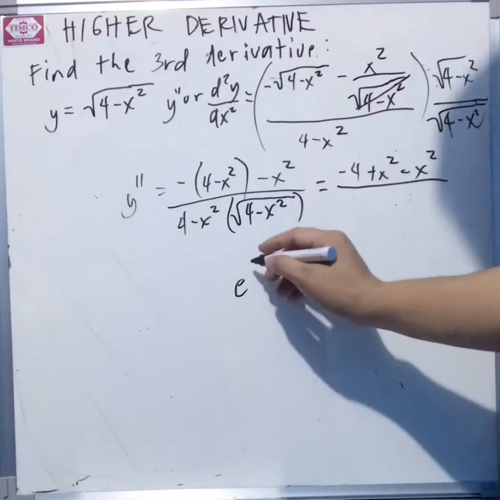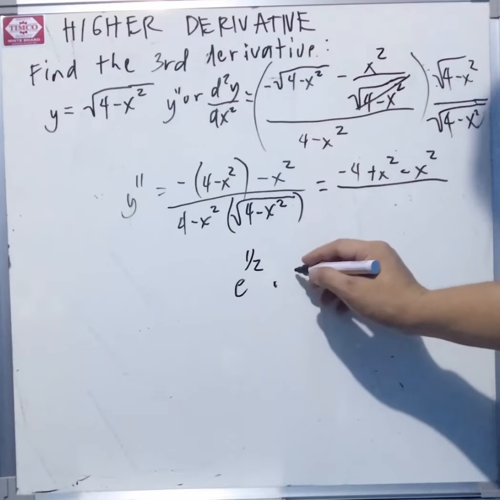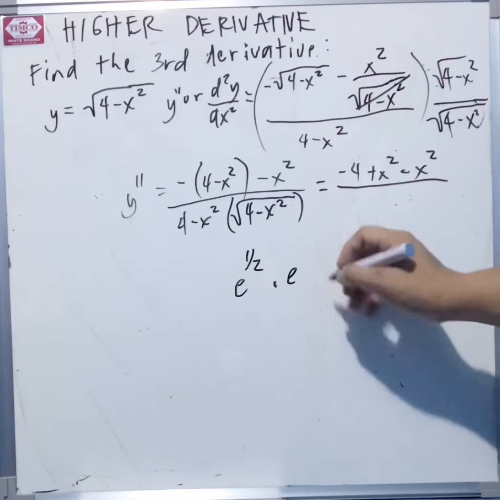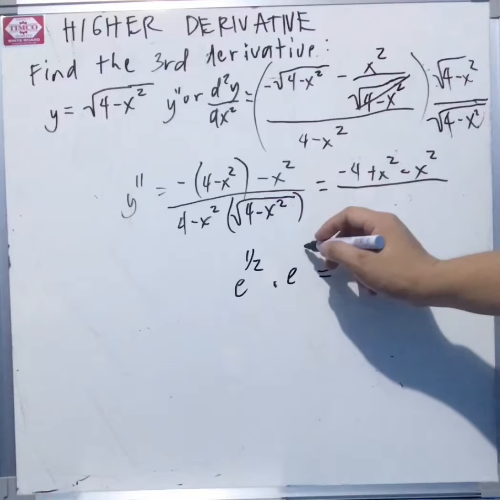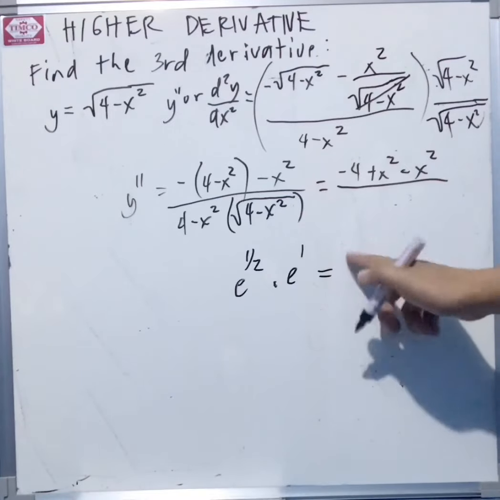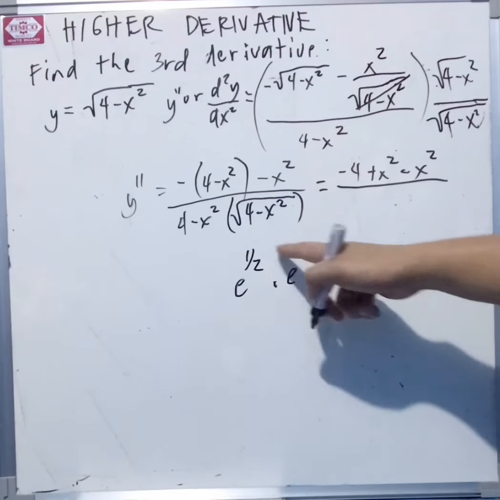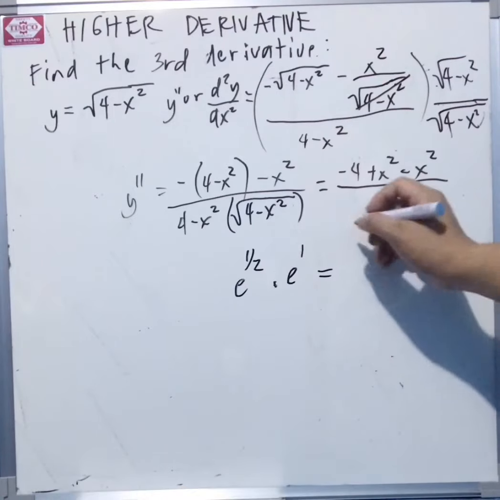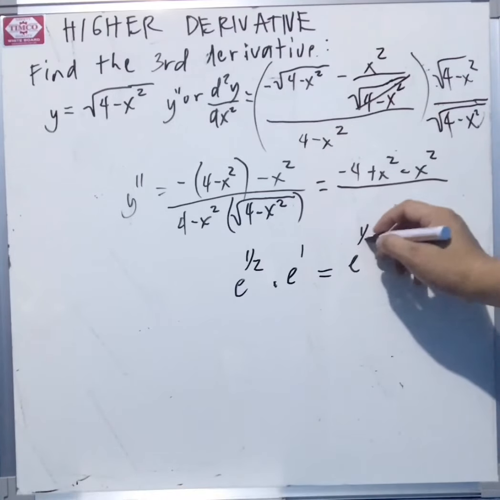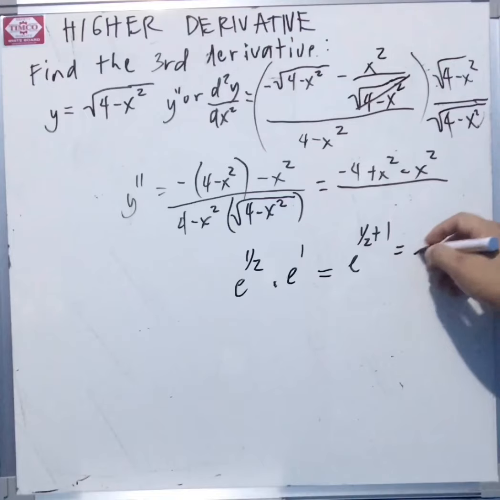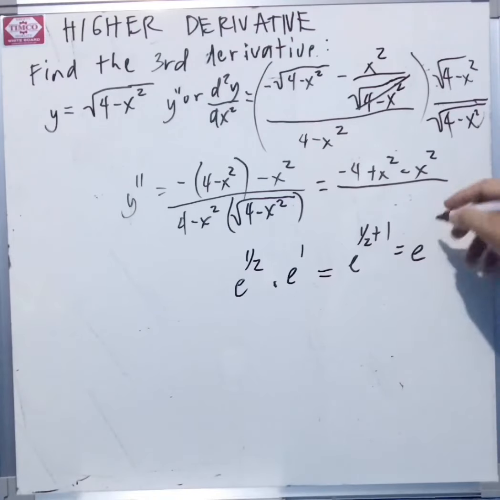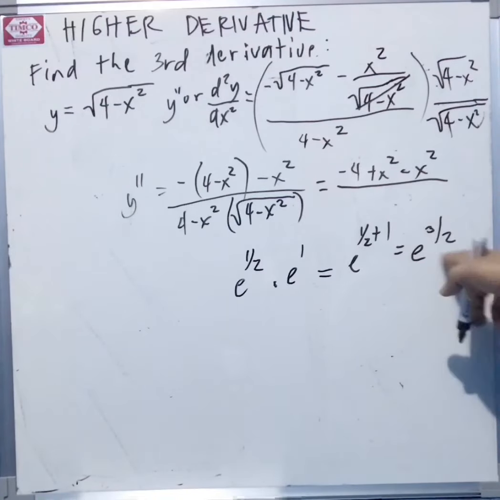If we have a raised to 1/2 multiplied by e, that is equal to, diba? Meron tong exponent na 1. So, kung nag-multiply tayo, ang ginagawa natin sa exponent is pinag-a-add natin. So, e raised to 1/2 plus 1, which is equal to e raised to 3 over 2. Diba? 1/2 plus 2 over 2 is e to the 3 over 2.